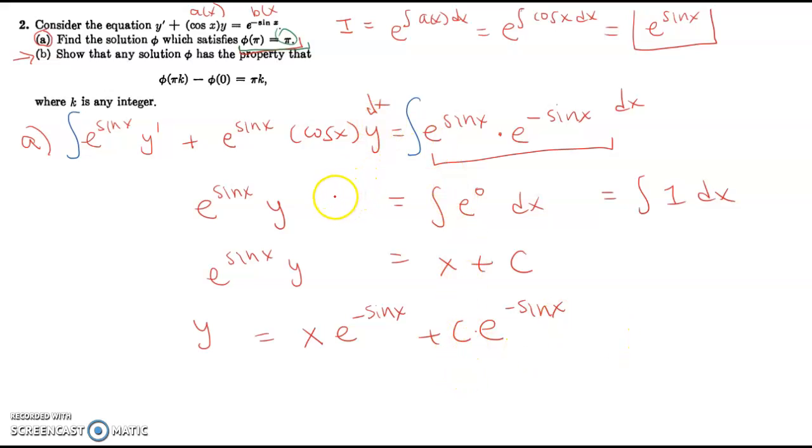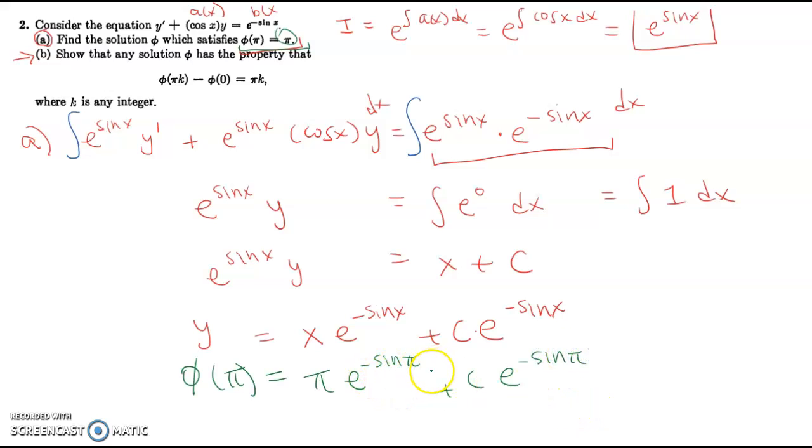So we would stop here if we were just finding our general solution. But here we're given the boundary condition, which means we can go ahead and actually solve for c. So we apply this part: theta of pi equals pi. Now we're just plugging in pi for our x. So we have pi times e to the power of negative sine pi plus c e to the power of negative sine pi.